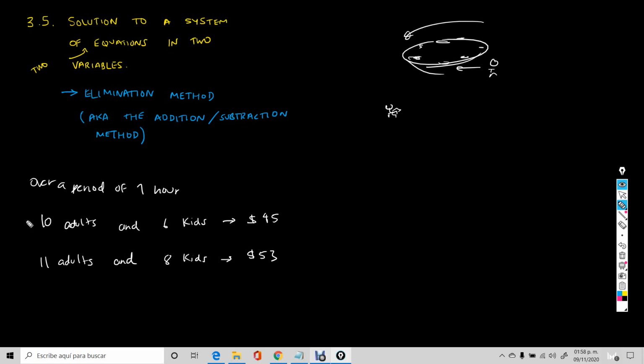This is the information you know. You may call this piece of information number 1 and piece of information number 2. Perfect. So these are the facts that you know. And remember, what do we need to know? We want to find out the following. I'm going to represent by the variable A the price of an adult ticket to enter into the attraction.